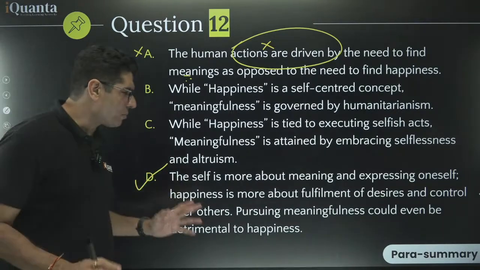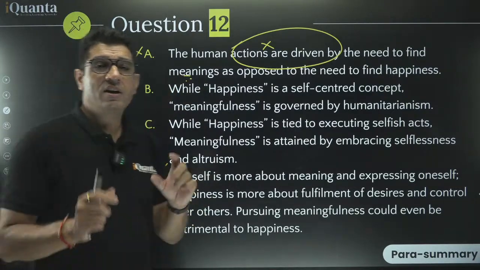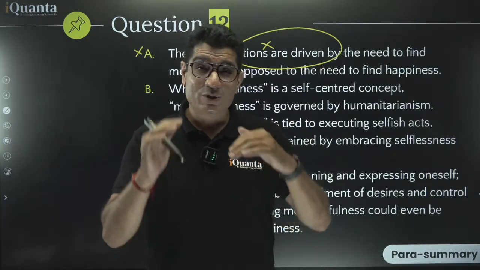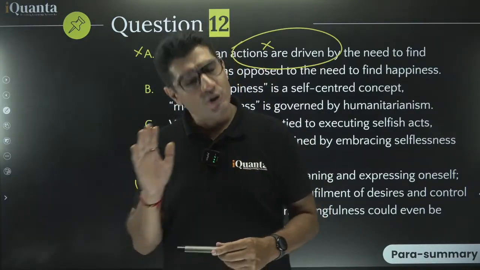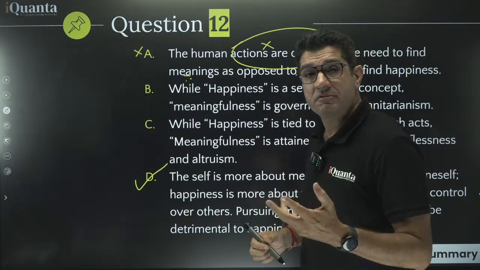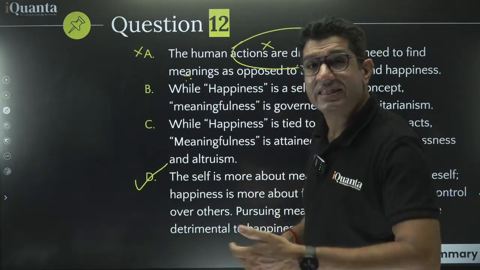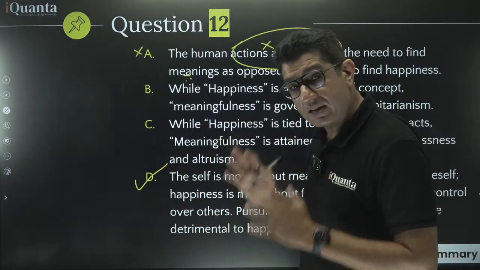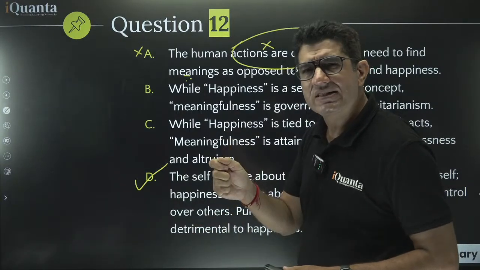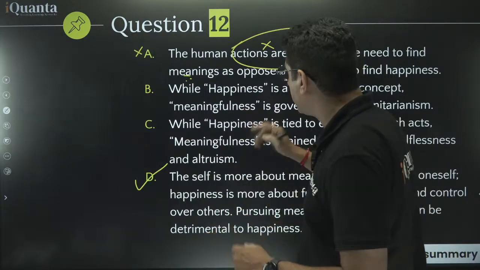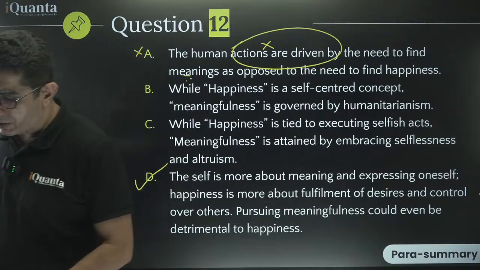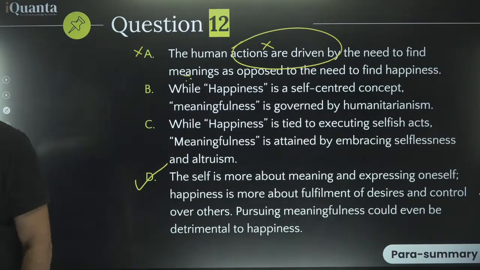Raj, you have a point, but then let's see. Your point is, D does not appear to be very concise, and summary is supposed to be concise, short. So you are absolutely right, but we want it to be correct first and then concise. So you give me two options where both of them are the correct summaries. One of them is more concise. Then that's the one that we opt for. But here, if you notice, every option has some problem or the other. We already looked at the problem in A. When you look at B, B talks about humanitarianism.